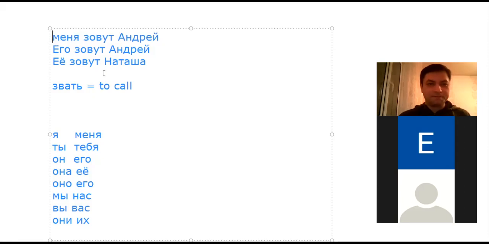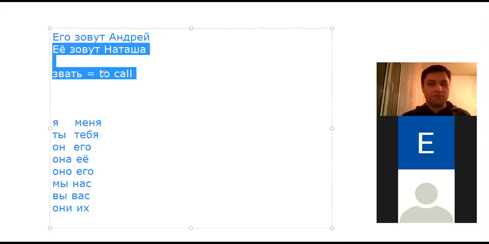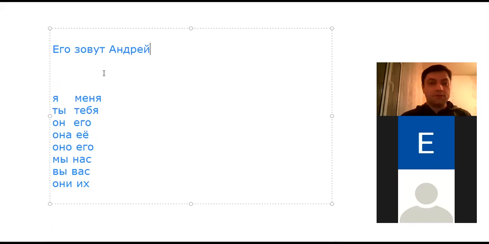Okay. If you want to ask somebody, what is your name? First, let's make two types of questions. So we take this sentence, his name is Andrew. And now you want to ask a general question. You want to confirm, is his name Andrew?